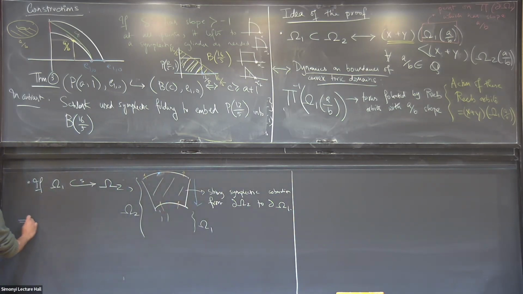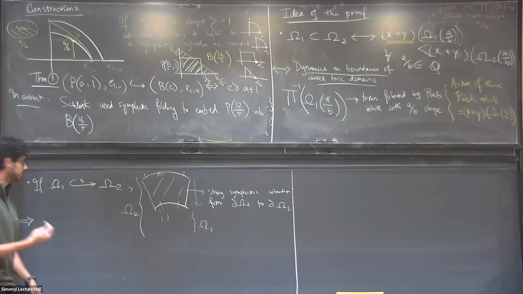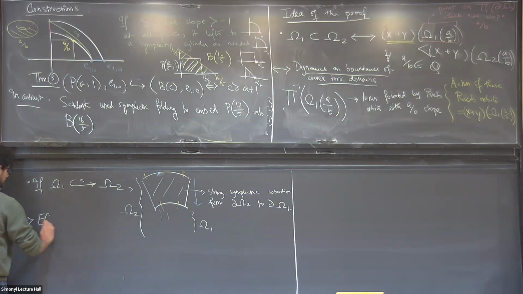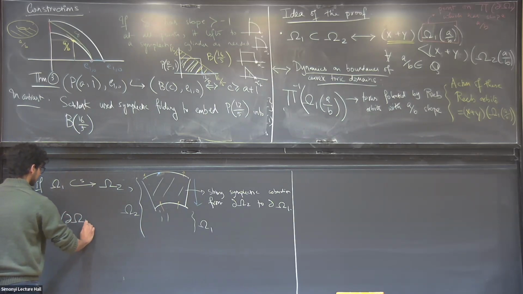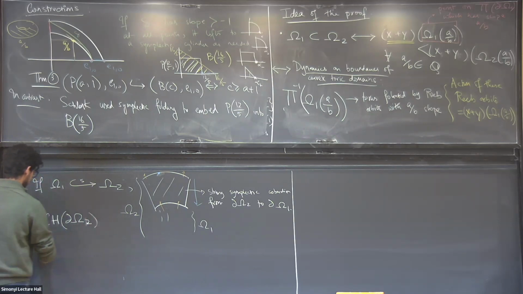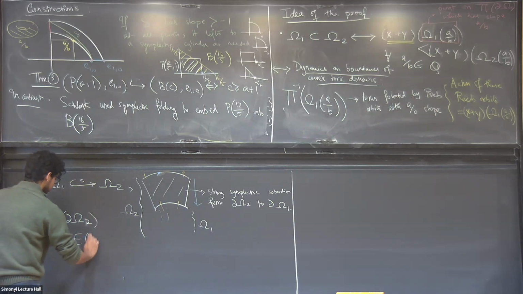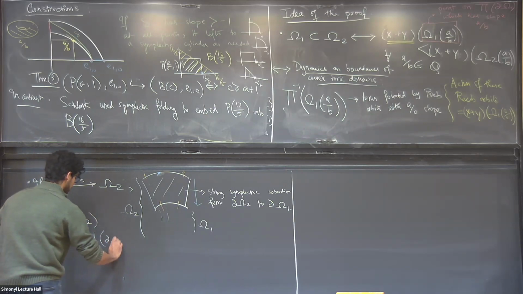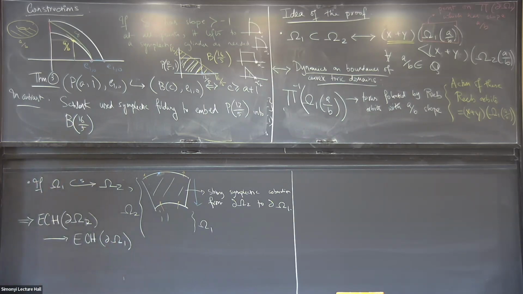What that implies is that there exists a homology theory called ECH, which I'll define, of partial omega 1. There exists a map like this.